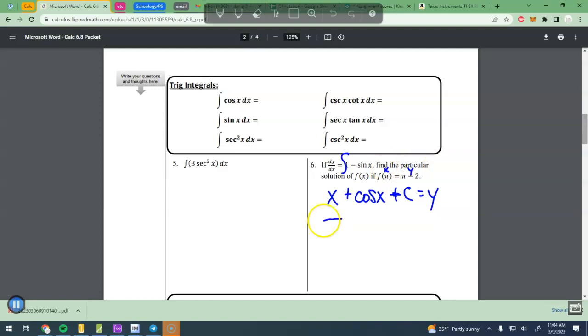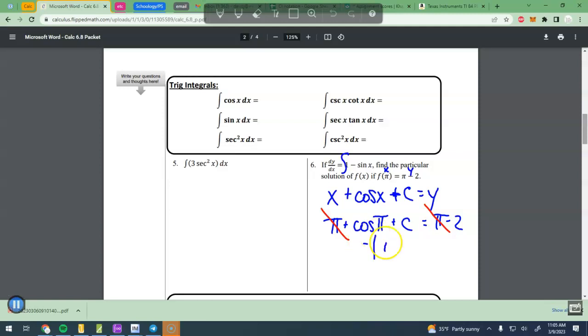Plug in, so I get pi plus cosine of pi plus c equals pi minus 2. Well, these pi's, let's say I subtract pi from both sides, those just go away. And then what's cosine of pi? Pi is, from your perspective, pi is over there. What's the x value? Yeah, that's the y value.